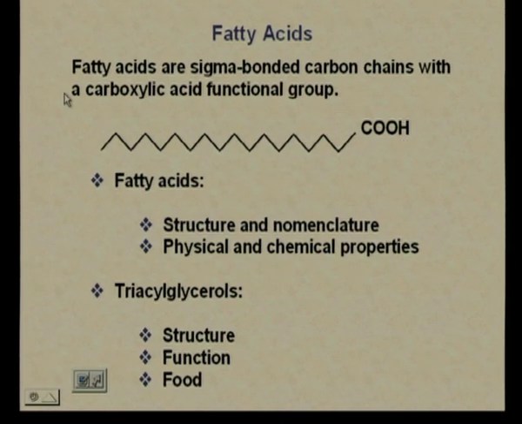So, these fatty acids are sigma bonded carbon chains. What do we mean by sigma bonds? We have just single bonds here, and what do they have at the end? They have at the end a carboxylic acid moiety, a carboxylic acid functional group. Now, this functional group is going to be used in the overall function or structure of the lipids that form these membranes.